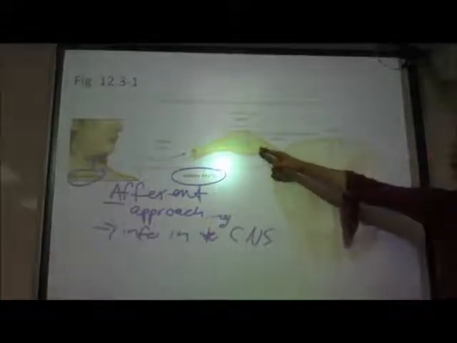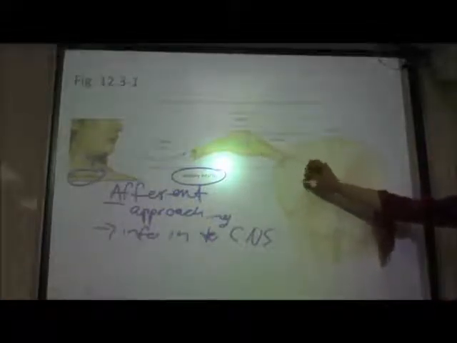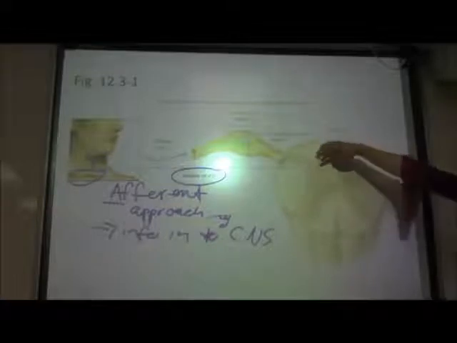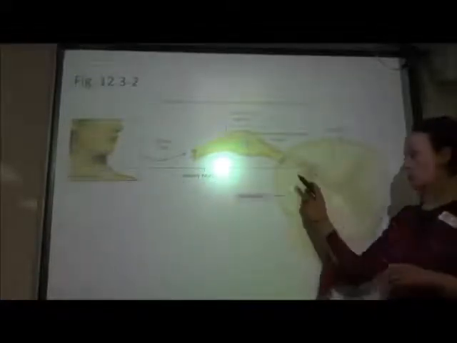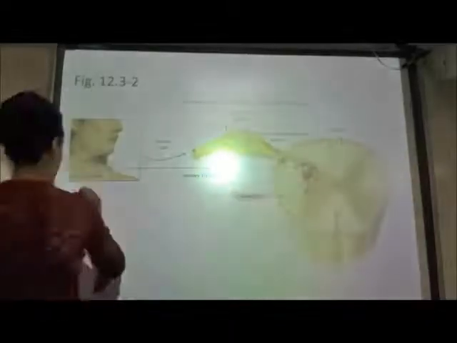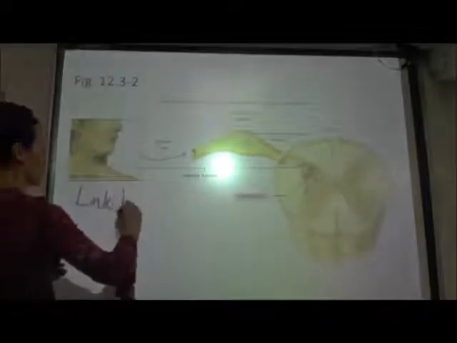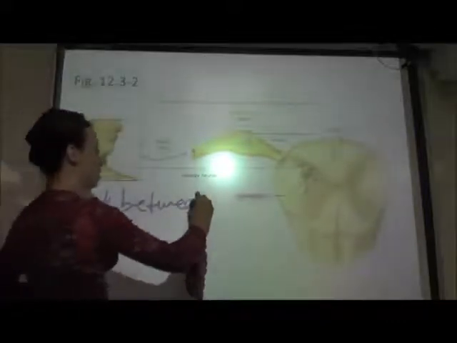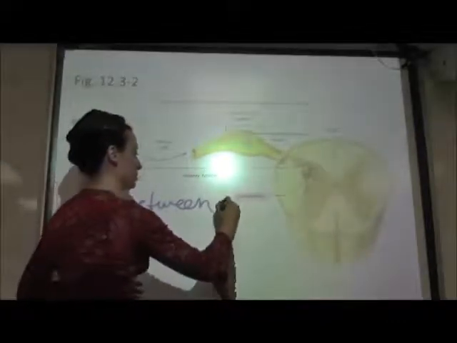They've got this central extension that's going to branch and come into the spinal cord and bring information to the next type of neuron by functional classification, the interneuron. Interneurons are the link between sensory and motor neurons, and they are totally contained in the central nervous system.